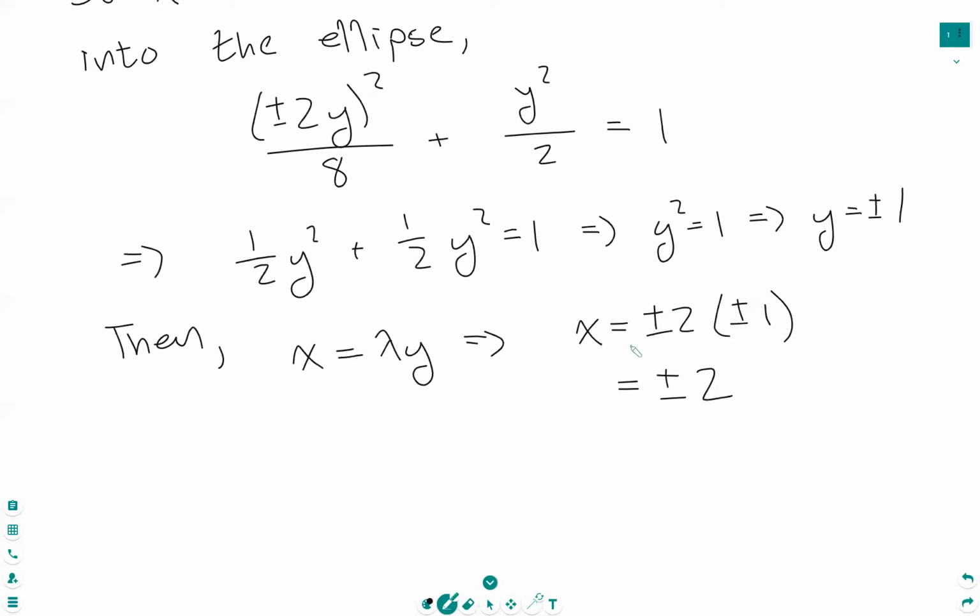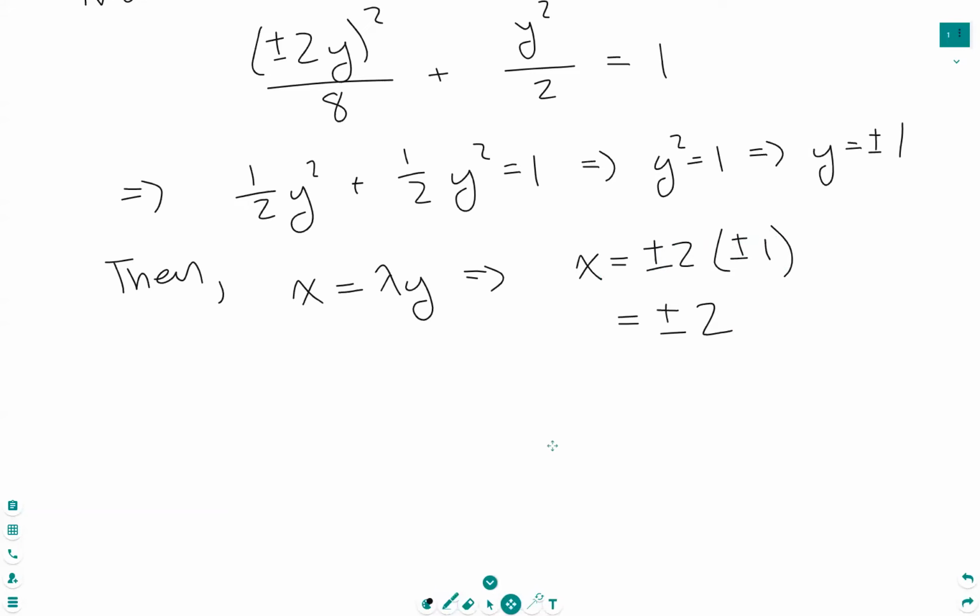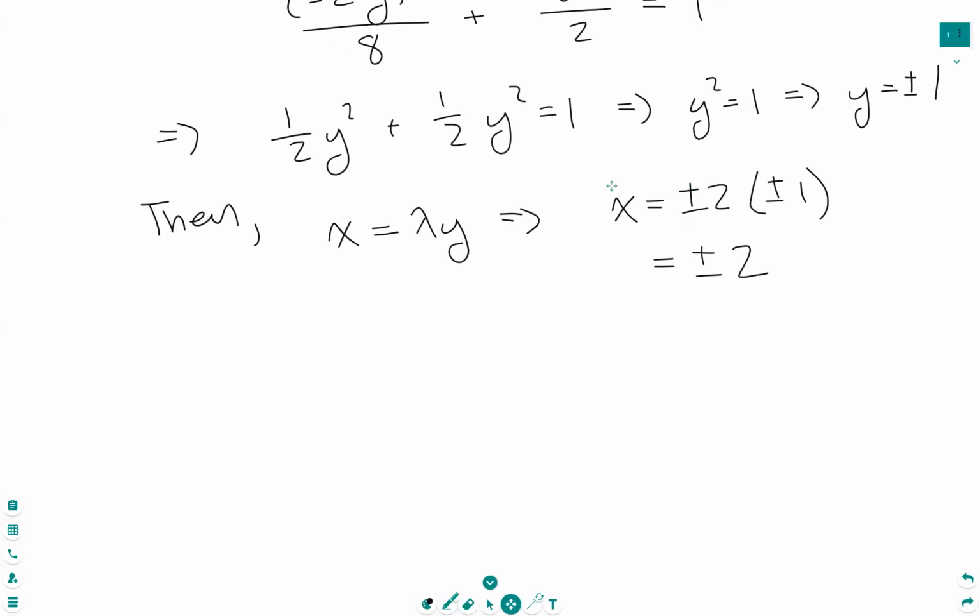So the question to ask ourselves is, how many points do we have now? If I have x as plus or minus 2 and I have y as plus or minus 1, does that mean I have 2 points, or do I have 4 points? Well, this plus or minus on x did not depend solely on the plus and minus of y.